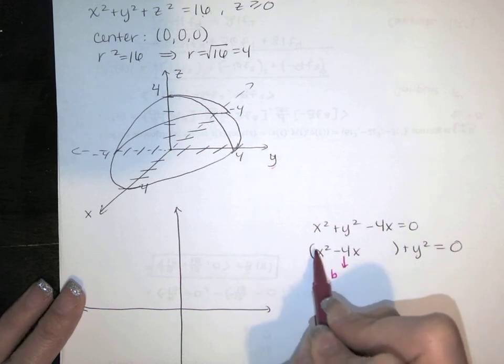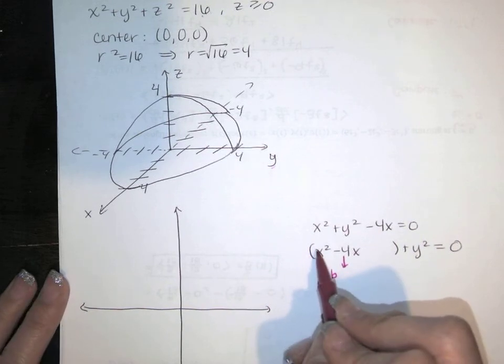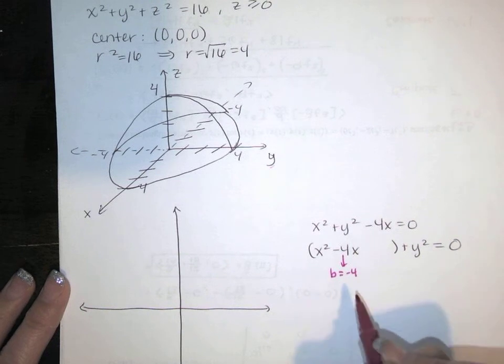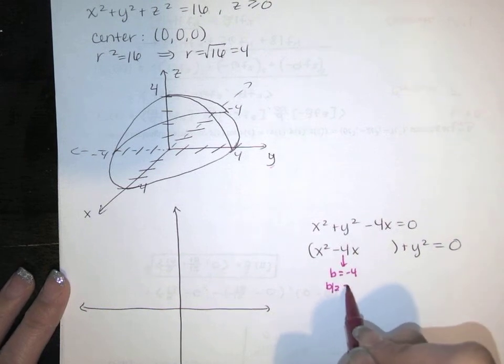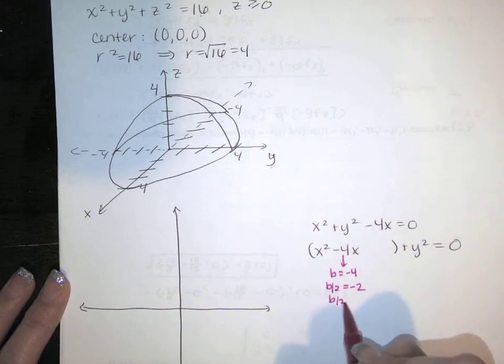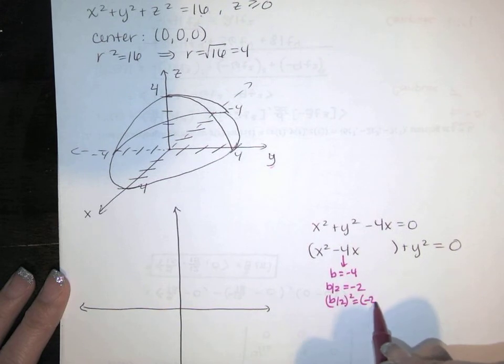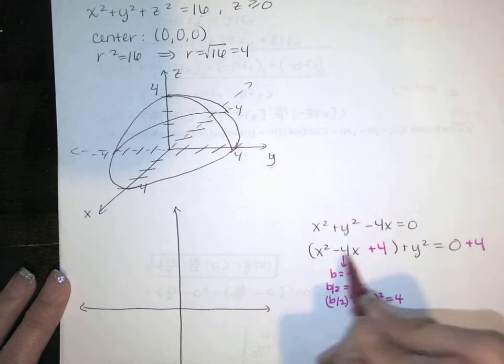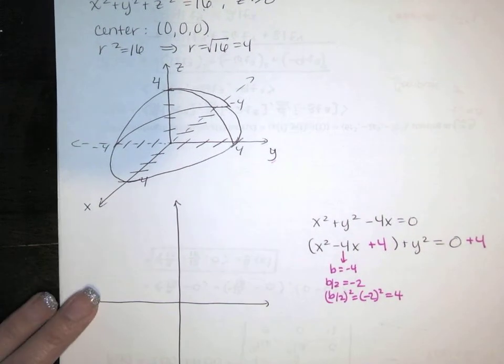If there was a different number in front of the x squared, I'd have to factor that out from both terms, but this time I don't have to. b is -4. Take half of that and square it. -2 times -2 is +4. That's what you add to complete this square. If you're going to add that to this side, you have to add it to the other side as well.